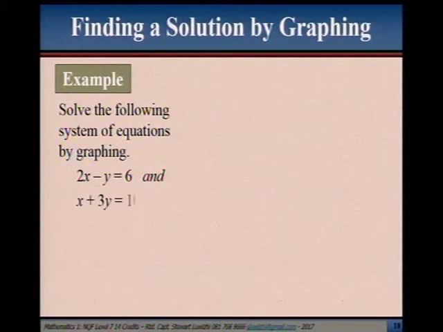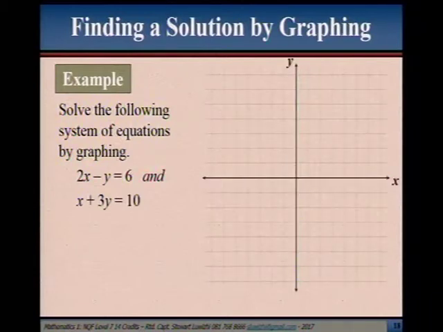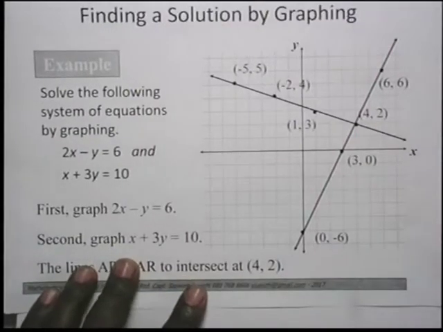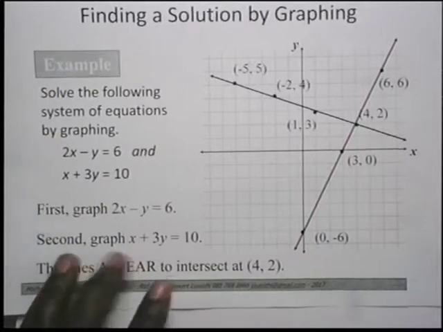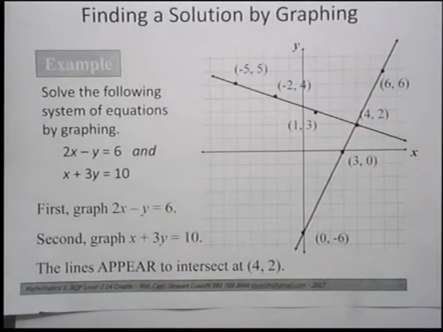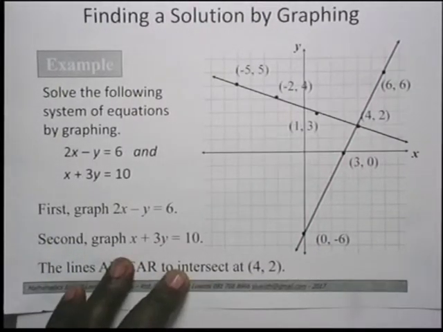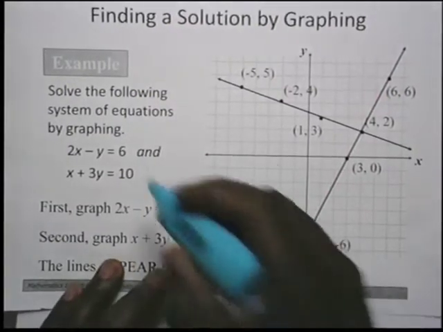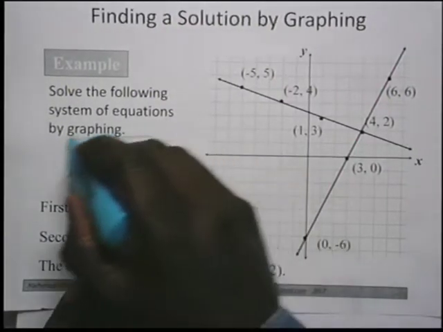We want to solve that problem using a graph. I've got exactly that slide here. Now, how do we go about it? We are going to graph those two linear equations, those two systems, on this graph. I want us to look first at the first one.